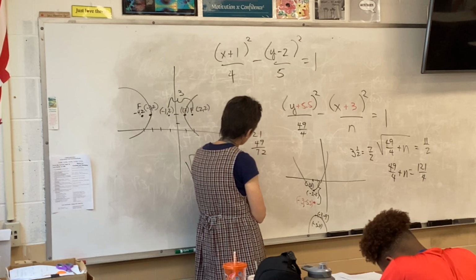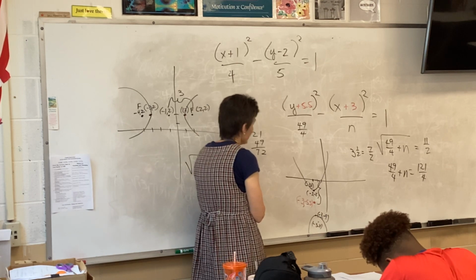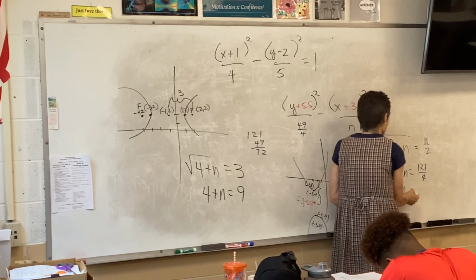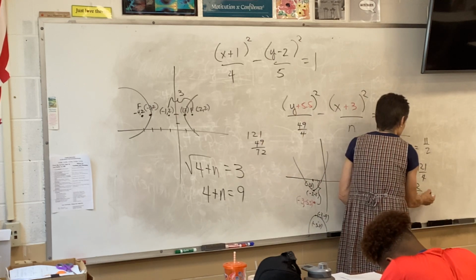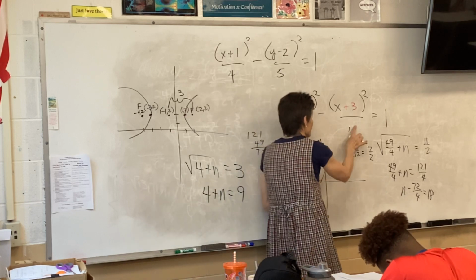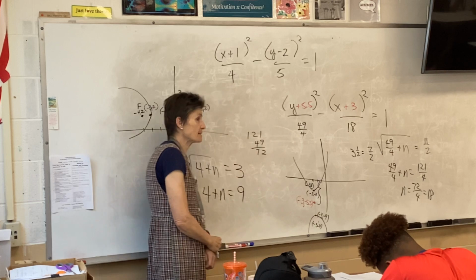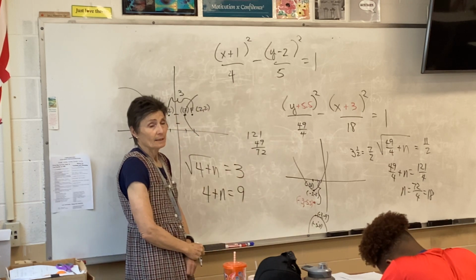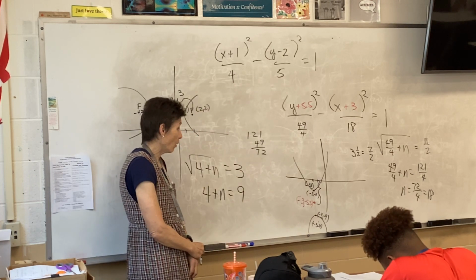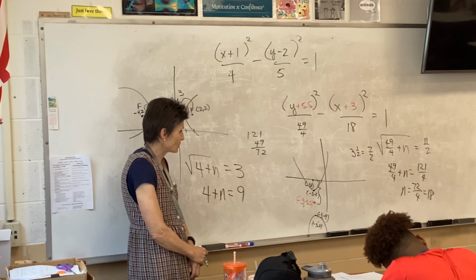Yeah, it should be 18 times 4. And so n is 72/4, which is 18. So the number that goes right here is 18. And again, I'm going to stay away from that on the test, but all the math is the same, just a little more arithmetic because of the decimals.